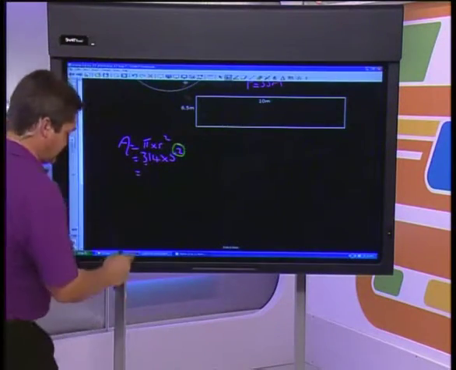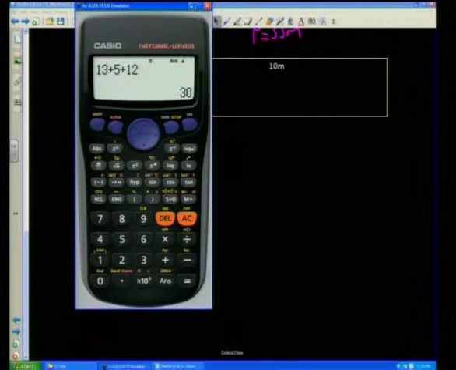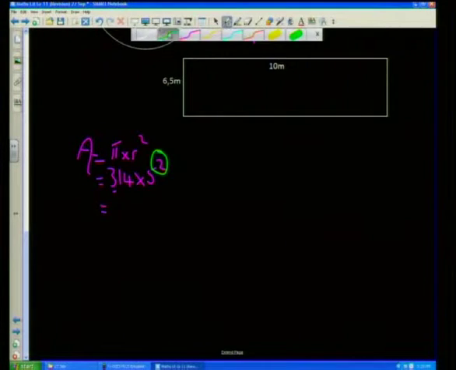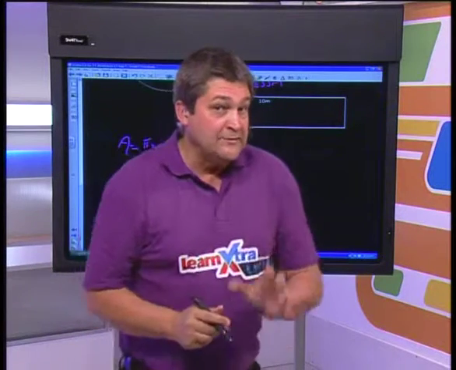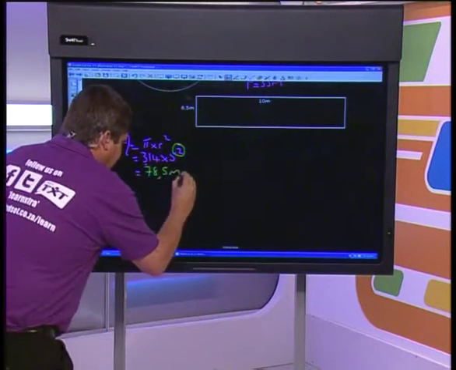So 3,14 times r squared. Let's do that on our calculator. Clear my calculator, and we've got 3.14 multiplied by 5 squared equals, and there's my answer, 78,5. 78,5 what? Well, we're dealing in meters, but we're not looking at perimeter.